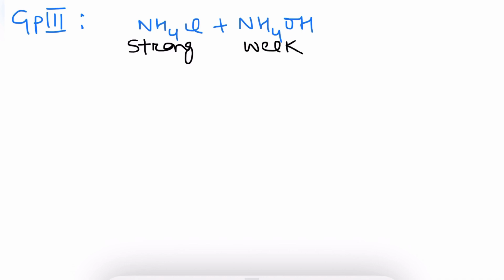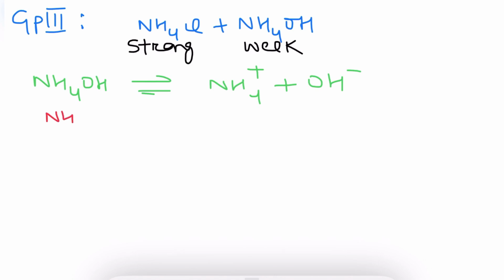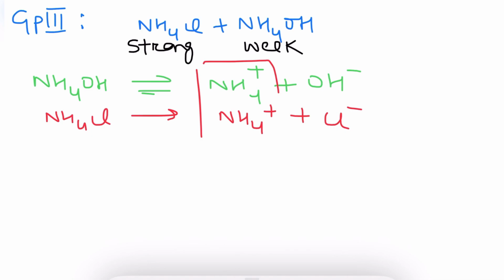So NH4OH undergoes an equilibrium giving ammonium and hydroxide ion, and NH4Cl gets completely dissociated to form NH4 plus and Cl minus. So in the reaction mixture, we have NH4 plus, ammonium, as a common ion. So this decreases the degree of dissociation of ammonium hydroxide.